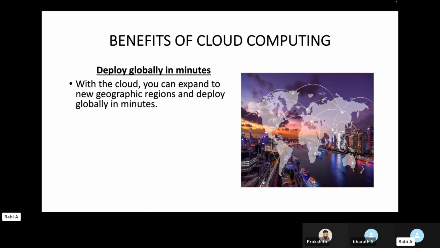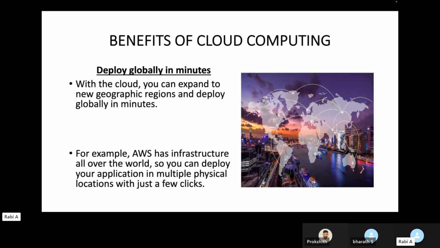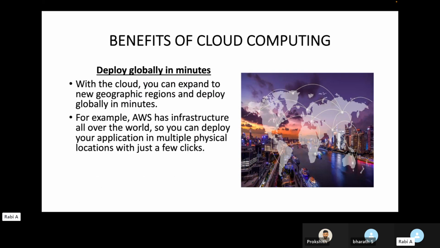So with the cloud, you can expand to new geographic locations and deploy globally within a few minutes. So, when we talk about the service providers, they have infrastructure all over the world, right? Especially in terms of AWS, the infrastructure is available all over the world. So you can deploy your application in any geographic location you want within a few minutes. So for example, AWS has infrastructure all over the world.